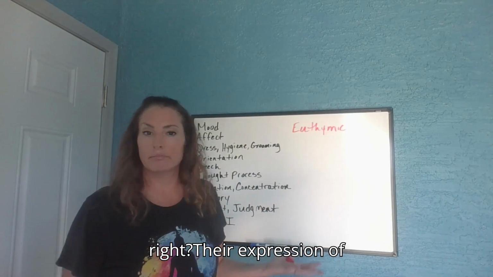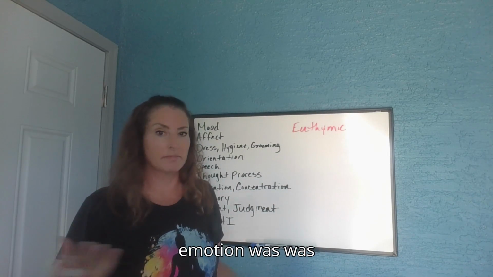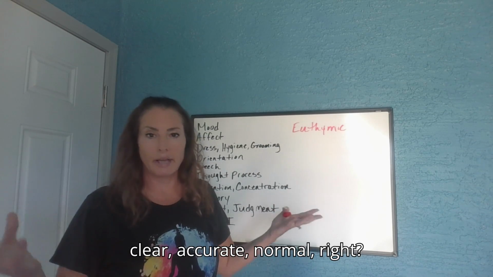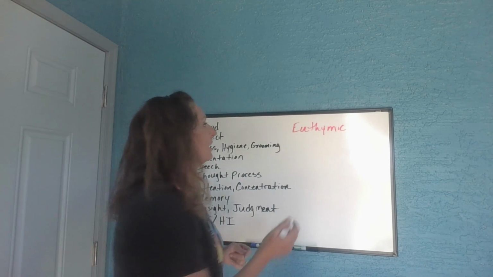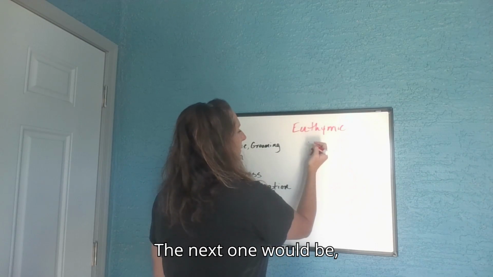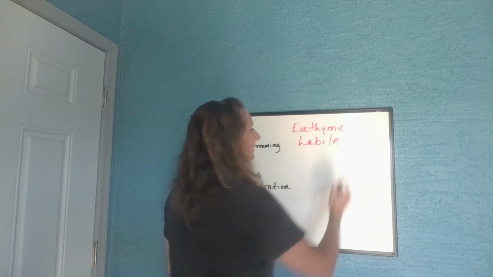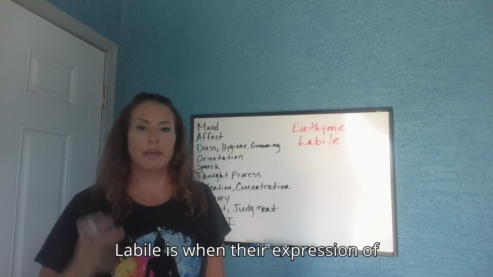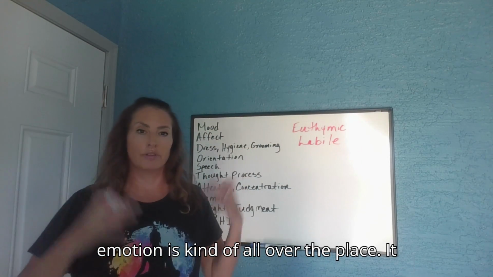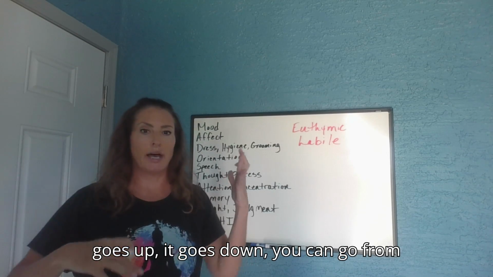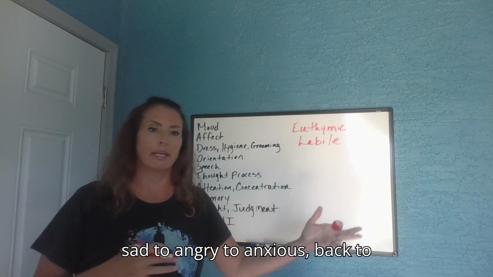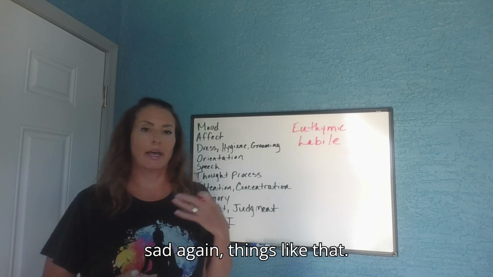Their expression of emotion was clear, accurate, normal, right? The next one would be labile. Labile is when their expression of emotion is kind of all over the place. It goes up, it goes down. You can go from sad to angry to anxious, back to sad again, things like that.